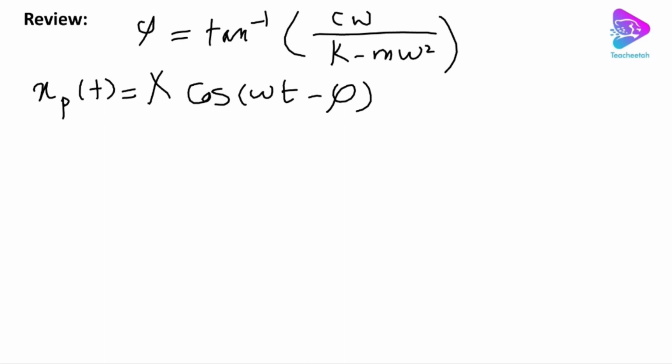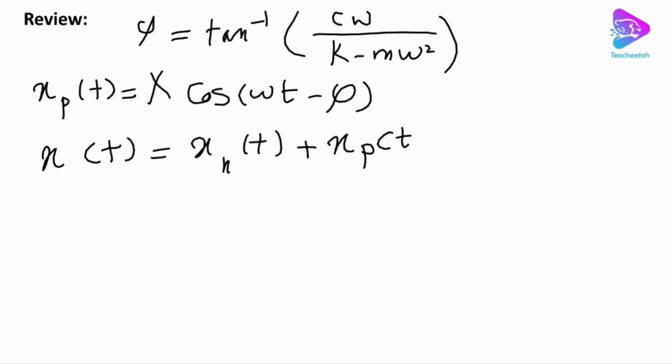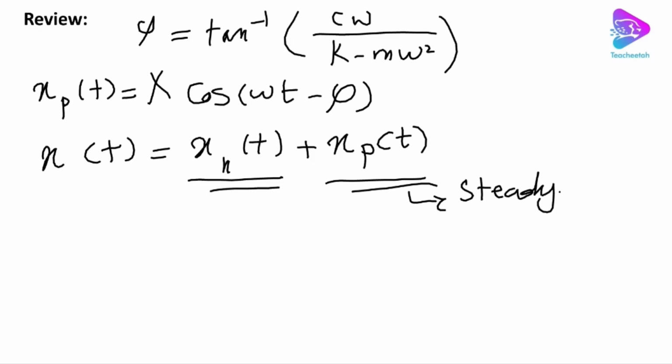The total response of the system, x of t, is the summation of the homogeneous part plus the particular solution. This system has damping, which means the homogeneous part disappears after a while, and the remaining term is the particular solution, which we also call the steady state response, because it remains in the system.